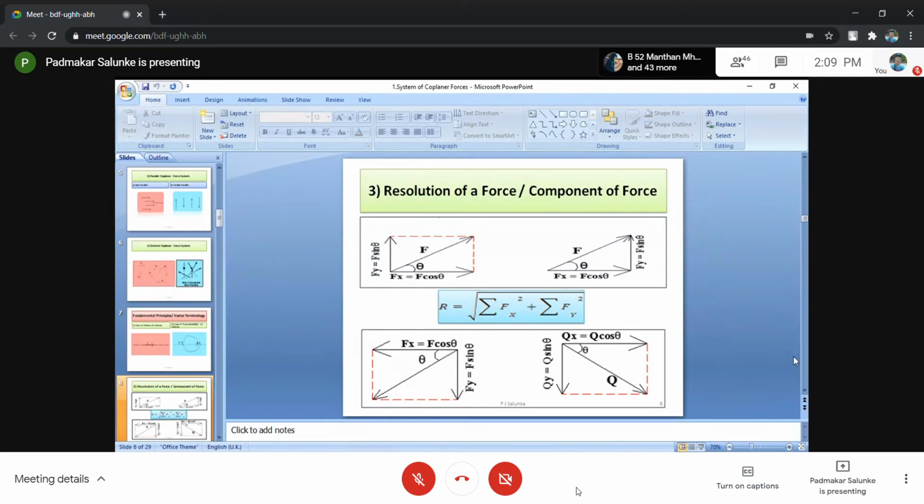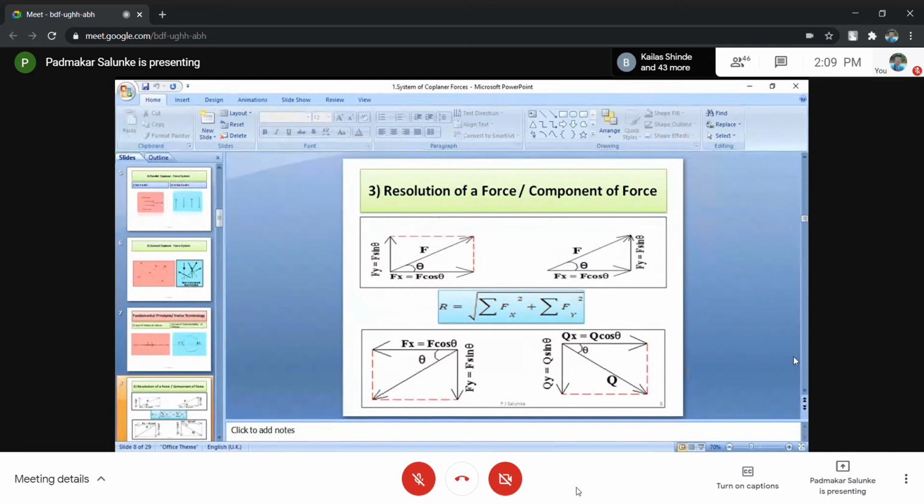This is required for the resolution of the force, because you know right-angle triangle geometry. Cos theta equals adjacent side divided by hypotenuse. The adjacent side is Fx. So Fx by F equals cos theta, and hence Fx equals F cos theta.